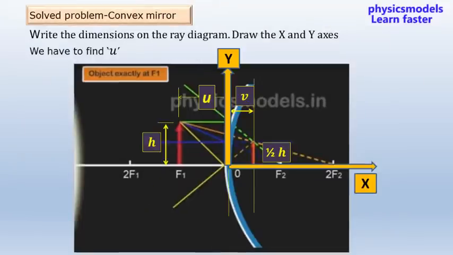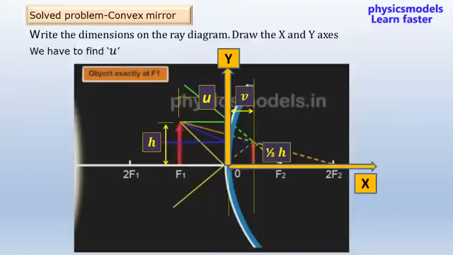We now plug in the dimensions onto the ray diagram. Draw the x and y axis, the height of the object as h, the height of the image as h/2, the object distance is u, the image distance is v, and the focal length OF2 is small f.